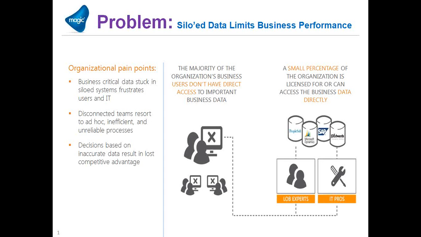So the majority of organizations, business users, don't have direct access to important business data simply because they're not ERP users, they're not CRM users, but they need to know something about a customer. They need to know something about finances related to that customer and so on. And so we see that a small percentage of the organization is licensed or can access that business data directly because only certain people use the ERP system, usually the financial and accounting people.